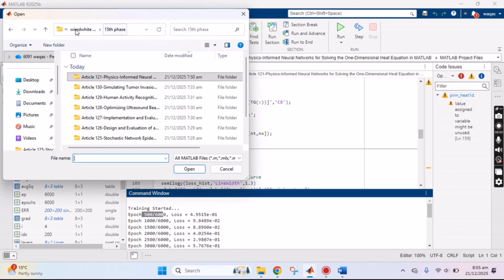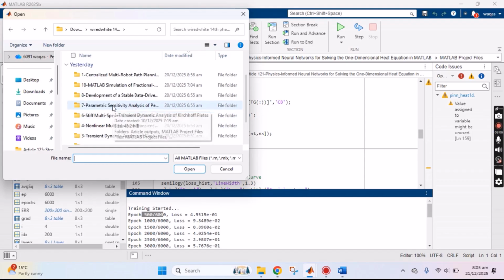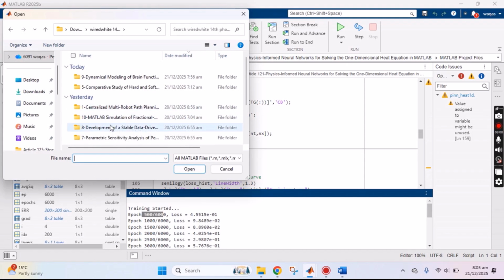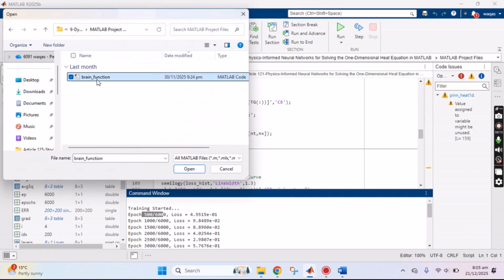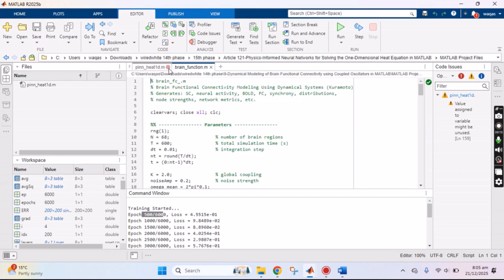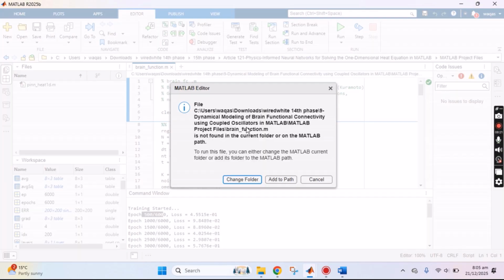This is the dynamic behavior of brain functions in MATLAB. You just need to run this MATLAB code.